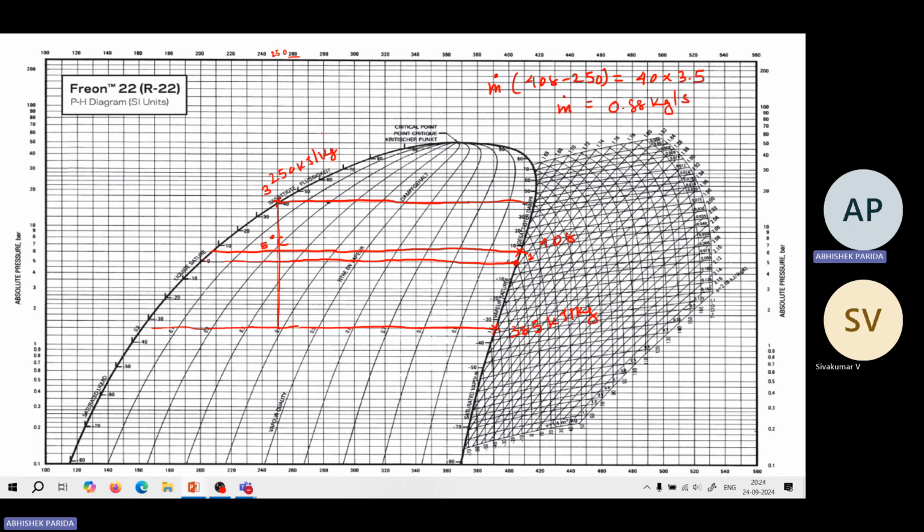Then the second thing: the m dot modified is 0.88 into 385 minus 250.